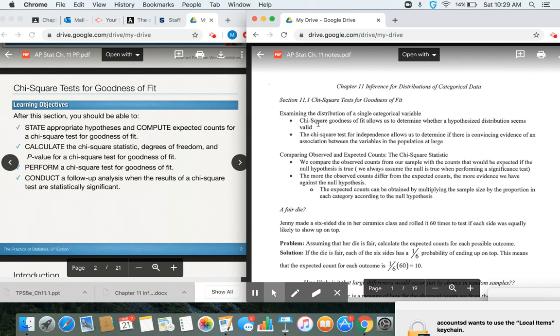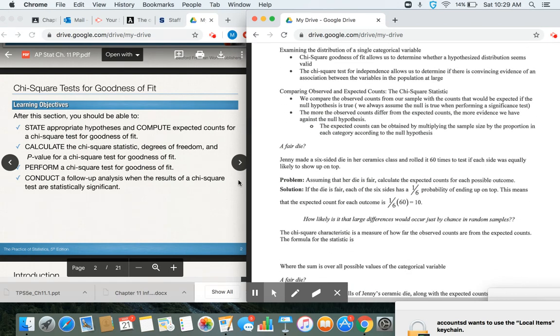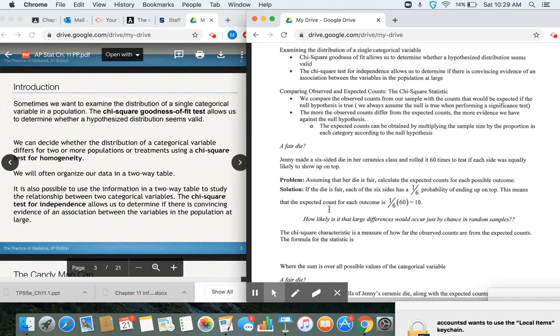If you notice in your notes, it says the chi-squared goodness of fit allows us to determine whether a hypothesized distribution seems valid. The other two types of tests would be chi-square tests for homogeneity, which is when we have two or more populations or treatments being used.